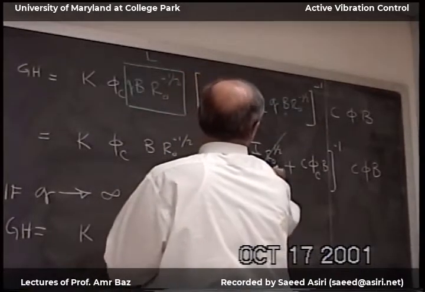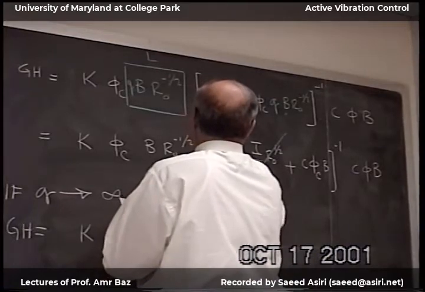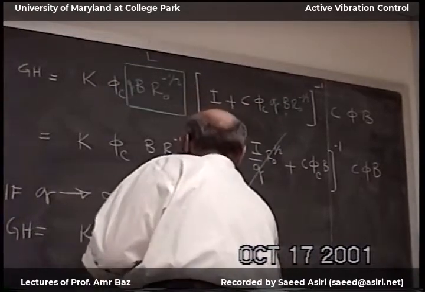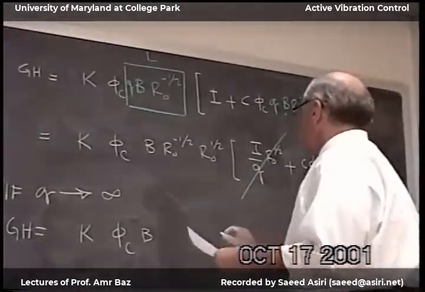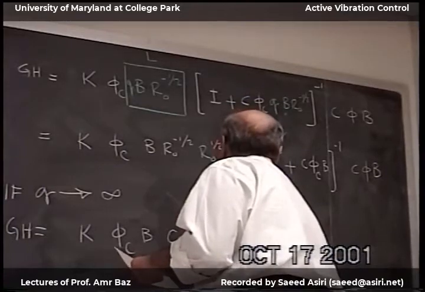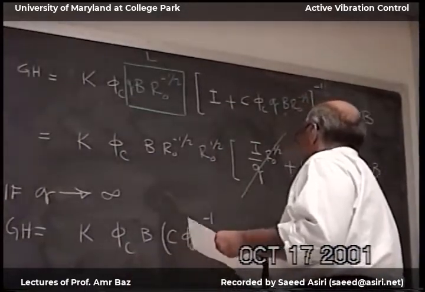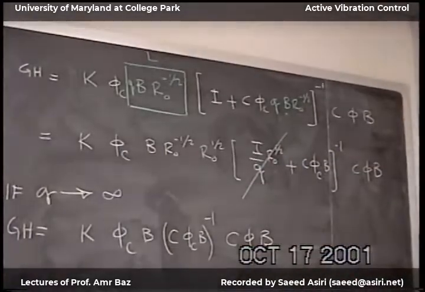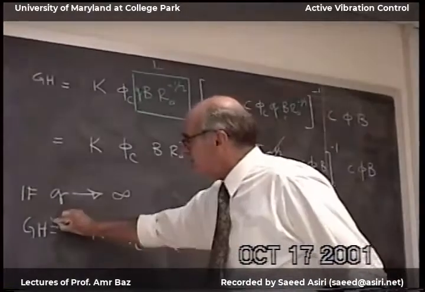And then we have R0 also here, so this will go with R0. Okay, and then we have here C, phi C, B inverse, C, phi, and B. So we'll say this is approximate.